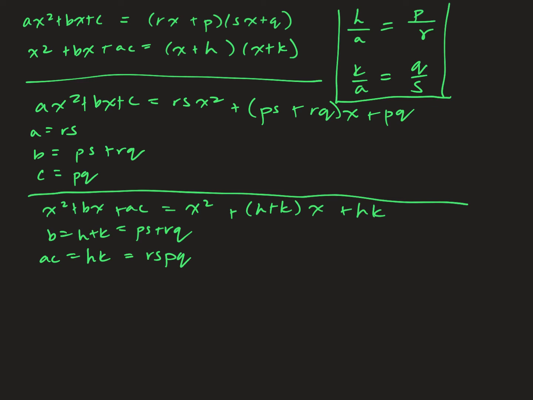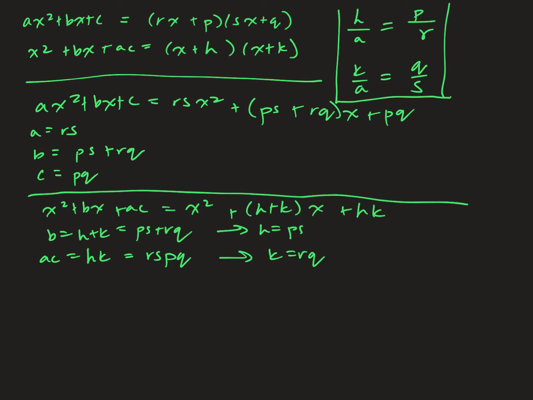For the purpose of this proof, I'm going to set H equal to PS and K equal to RQ. If I multiply these together, I get RSPQ. If I add these together, I have the exact same sum that I had before.